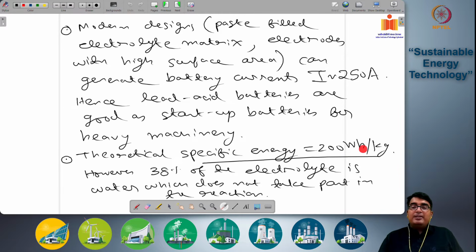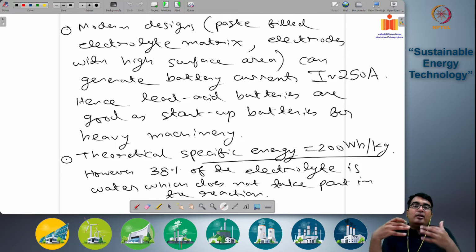The theoretical specific energy values are around 200 watt-hour per kg. So theoretically it could store up to 200 watt-hours of energy per kg of the battery material. However, 38% of the electrolyte is water, so it's not concentrated sulfuric acid. You must have 38 to 40% of the solution as water.